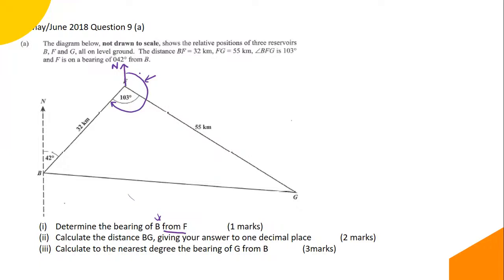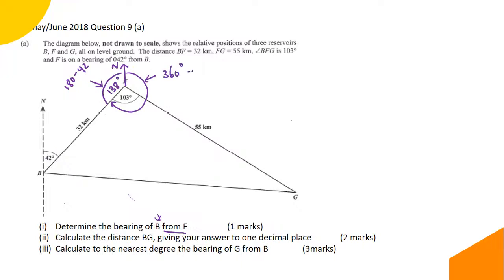Okay, let's see what we can do. This angle and this angle add up to 180. So to get this missing angle is simply 180 take away our 42, which gives us 138 degrees. Obviously it's helping, because now this is the only angle that's missing and the whole thing adds up to 360 degrees.